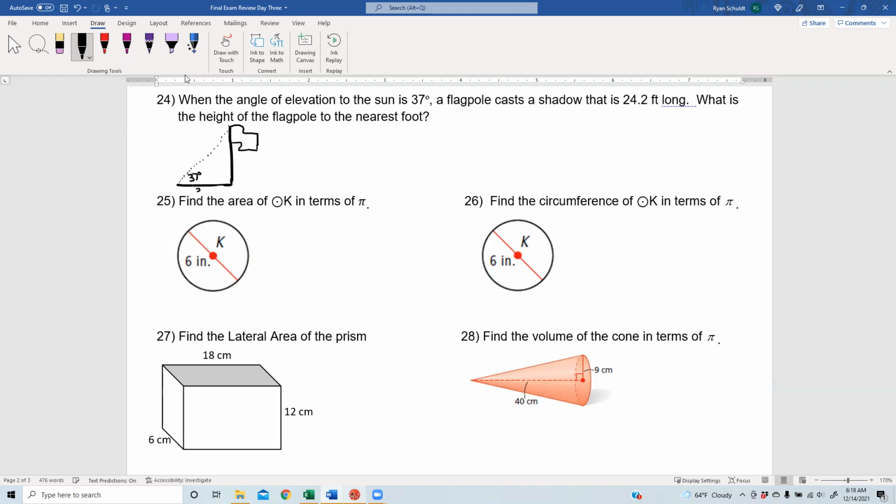That is 34.2 feet long. No, not 34, 24. 24.2. I'm going to make this a little bit smaller so I have room to write around it.